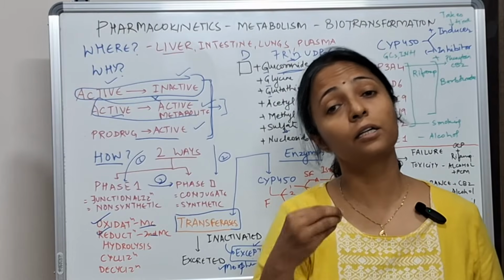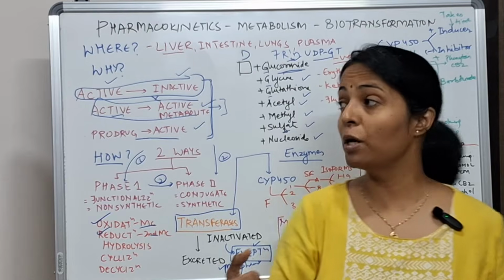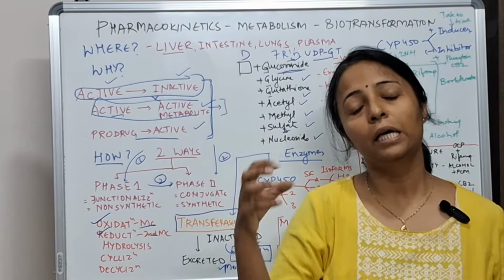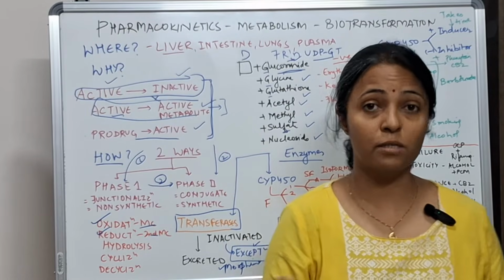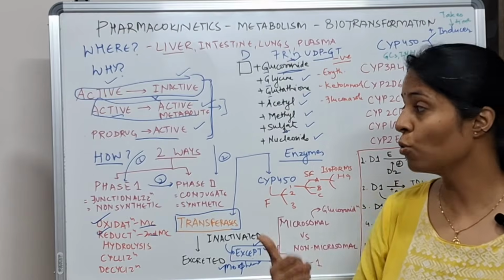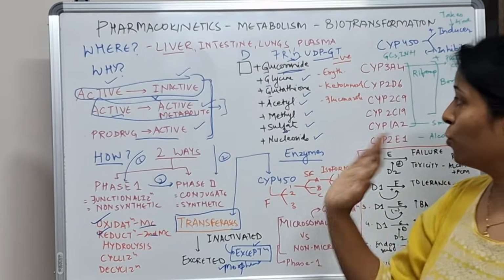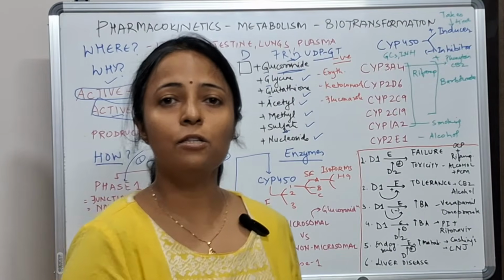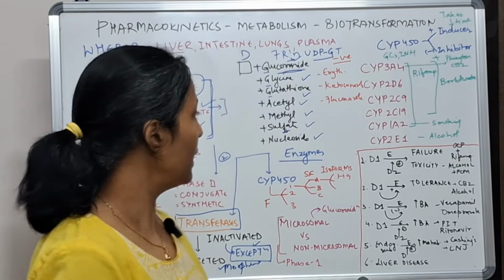We may see that certain drugs may not act that well in certain people, because if you are given a pro-drug and it is activated, maybe in that particular person that enzyme is not that much expressed, maybe the quantity is not that much, so the active metabolite will not form that much, right? So these are the various reactions. Fundamentally, this variation in the enzymes is known as genetic polymorphism, right?